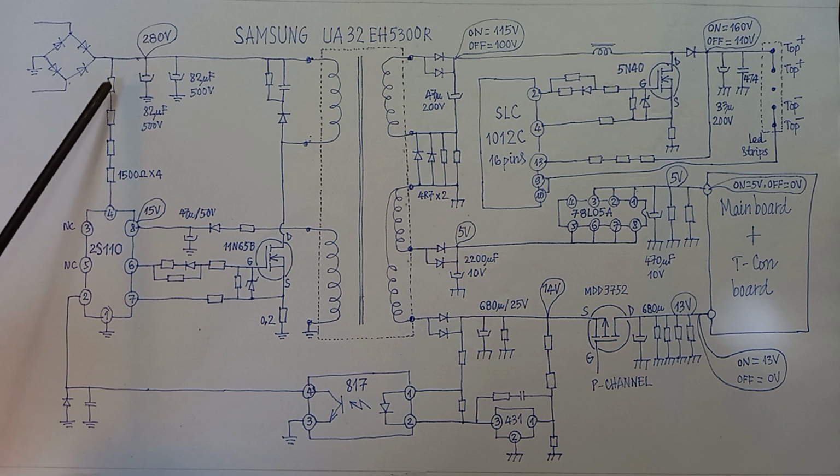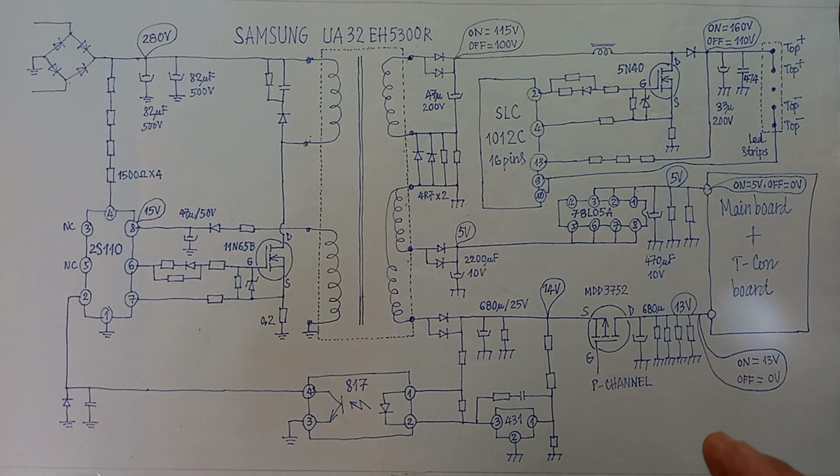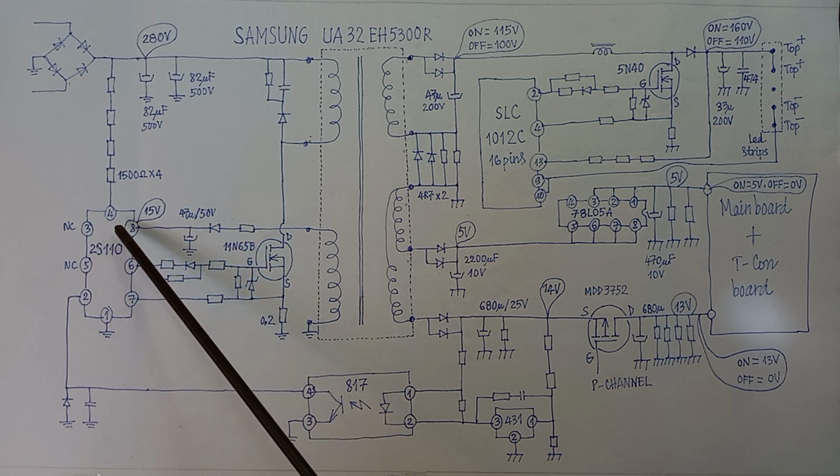The 4 resistors supply the power for this IC at the beginning, and then this coil will induce electricity and be rectified by 4 diodes to supply the power for this IC at pin 8.